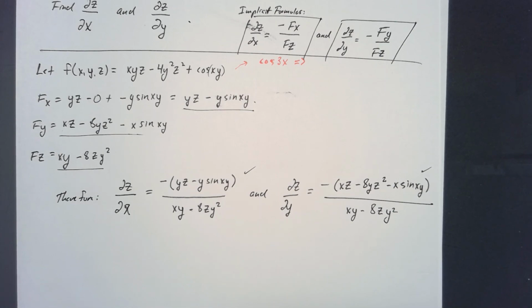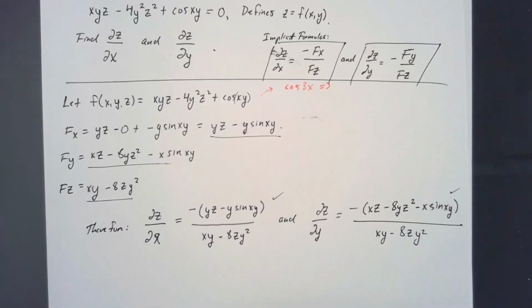So, when we look at directional derivatives, we're going to start looking at a new kind of operator, which is called the gradient vector, or we call it the del operator. And that may or may not seem familiar to you, but that's what we'll see in the next section when we look at that.